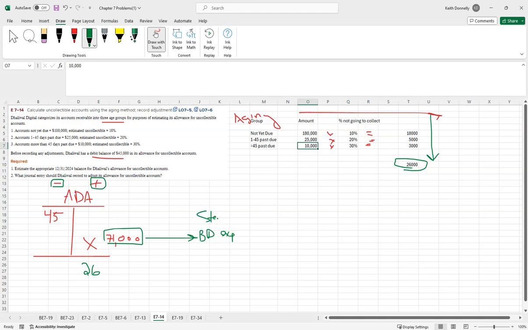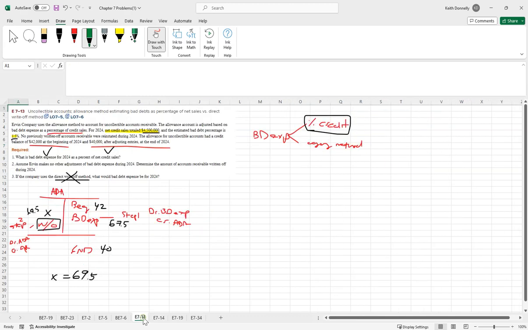Step 1: we would debit bad debt expense, credit the allowance for doubtful accounts. So that's the setup here. The first one, we looked at the percentage of credit sales. When you do this, most of the time you're solving directly for the bad debt expense, and the X can either be the ending balance or the write-offs.